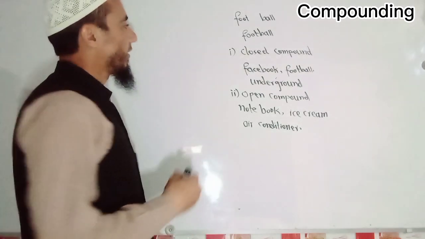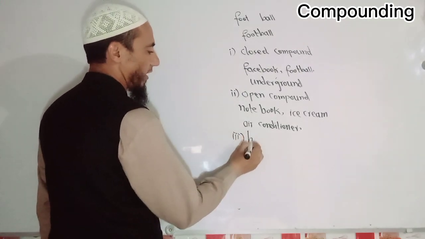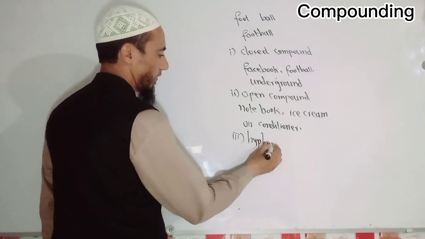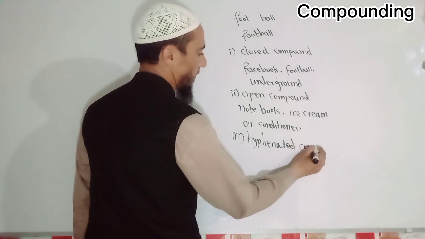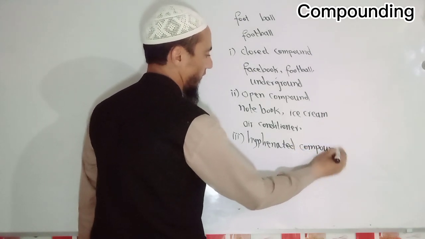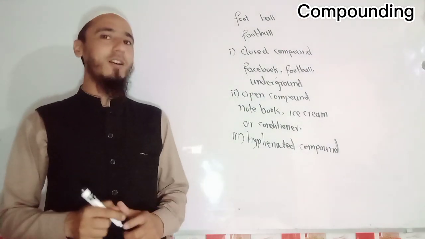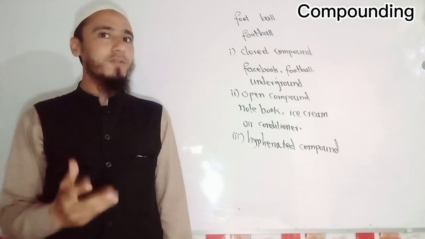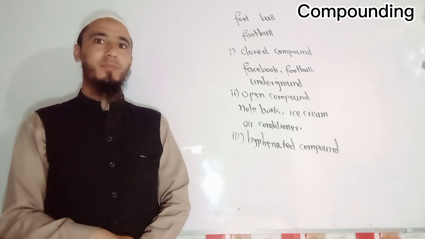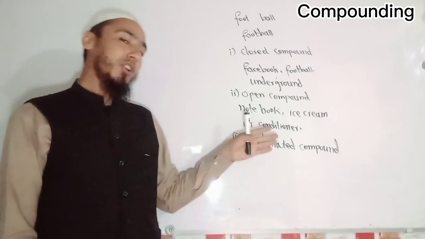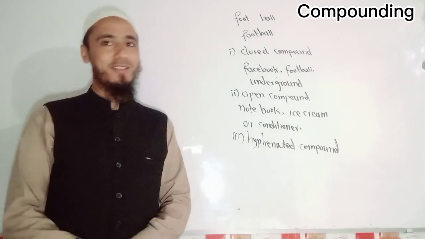The third type of compound is known as hyphenated compound. Hyphenated compound is the type of compound which is formed with the combination of two or more than two words, and there is a hyphen between them or among them.